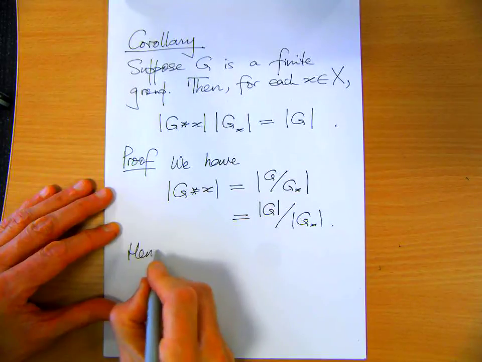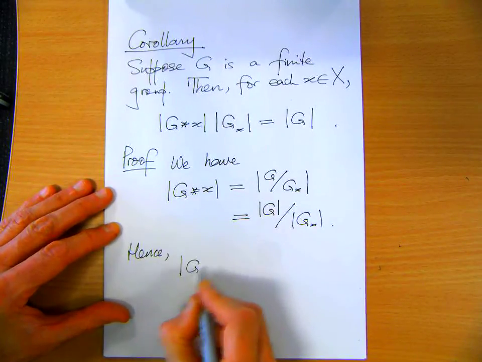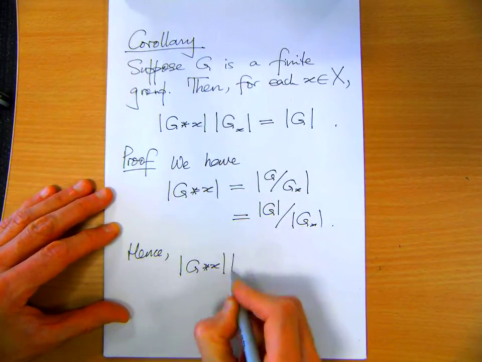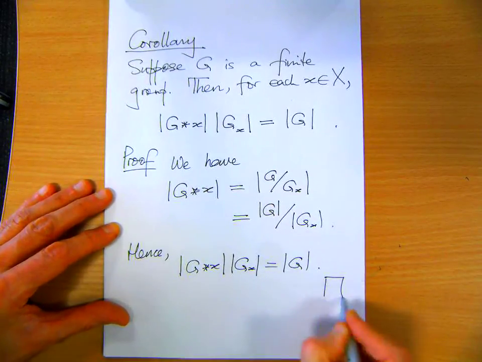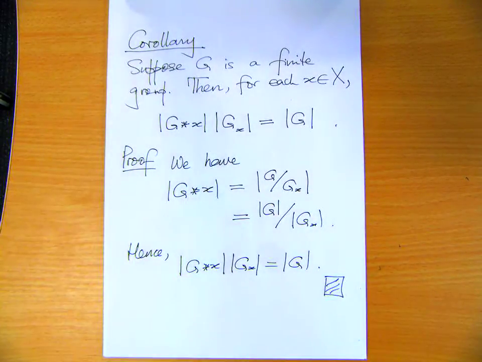So hence the result. So just multiplying both sides by the order of GX, we get the result. So this is sometimes called the finite version of the isotropy orbit theorem.